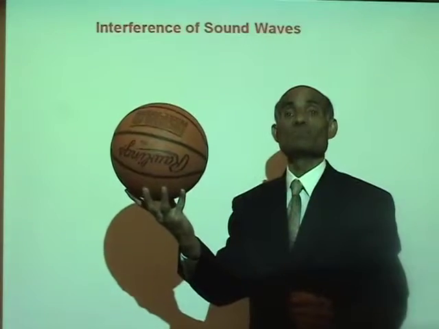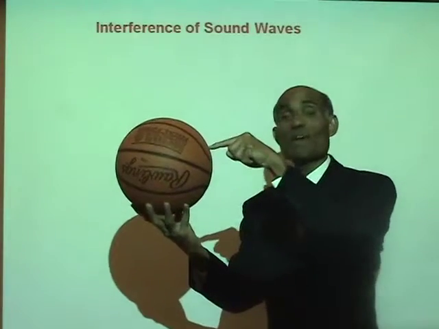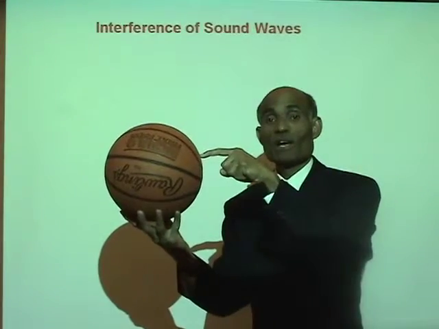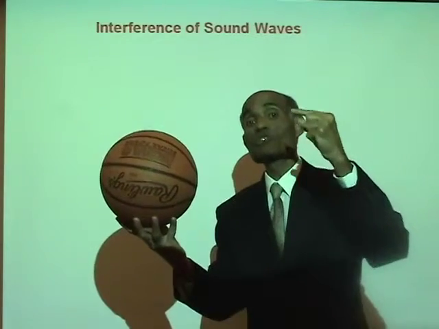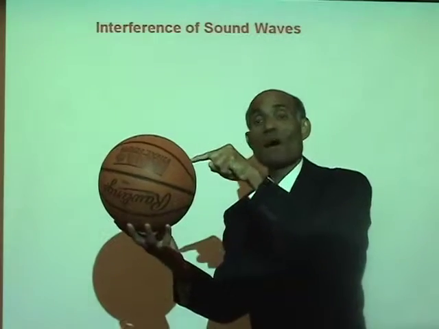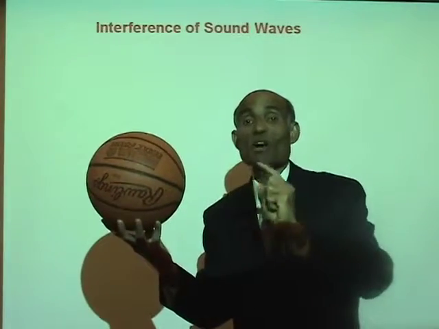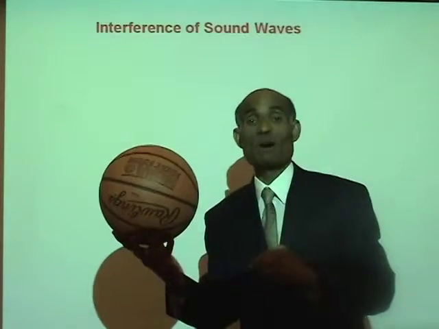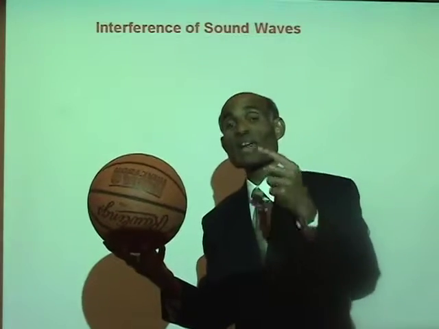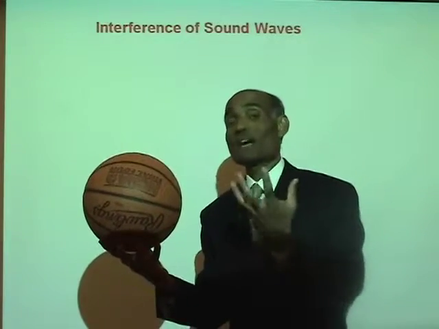If this is a particle in a medium, and two waves are superimposing on this particle, the vibration of this particle will depend on how they superimpose. If the two waves are in phase, what does that mean?